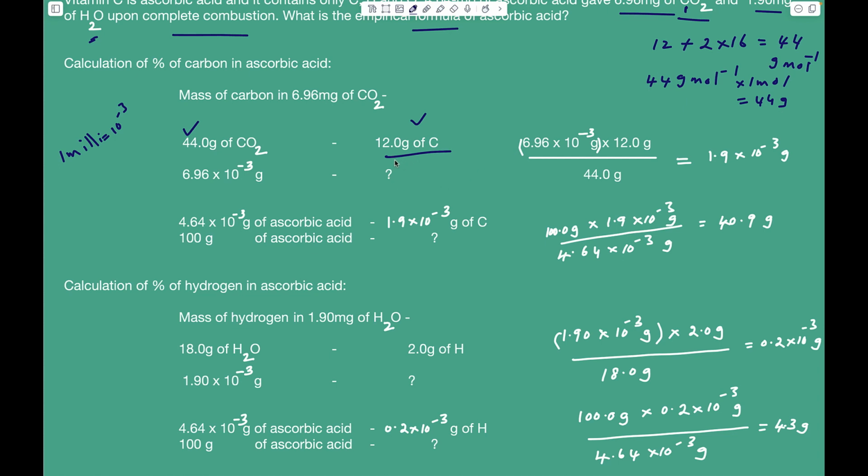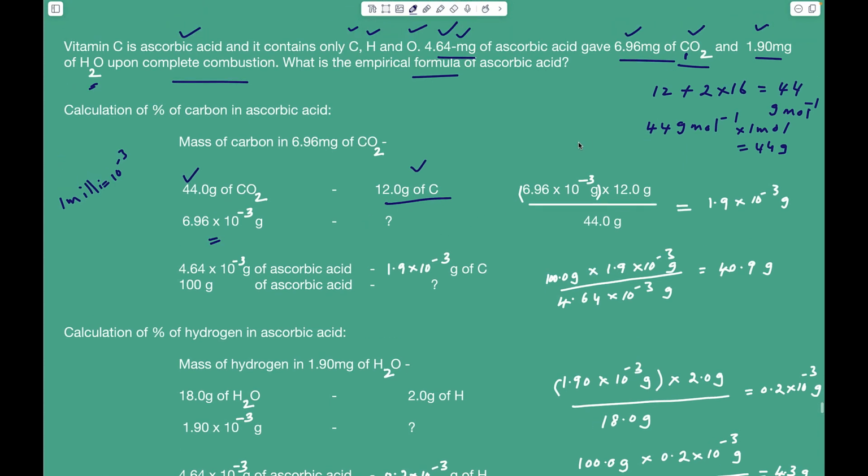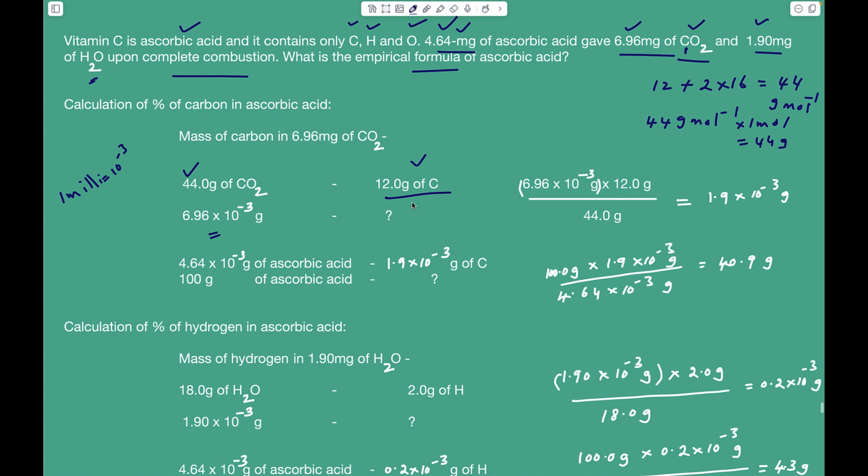The amount of carbon in this much of carbon dioxide would be this multiplied with this divided by this. And upon simplification, you would get the answer to be 1.9 into 10 to the power of minus 3 grams or 1.9 milligrams. This is the mass of carbon in 6.96 milligrams of carbon dioxide.